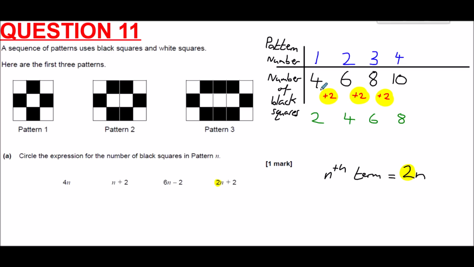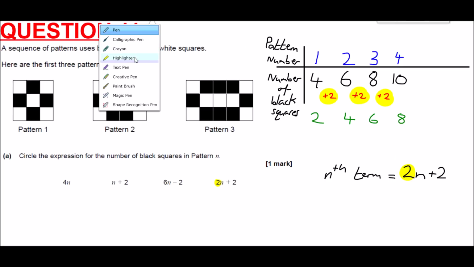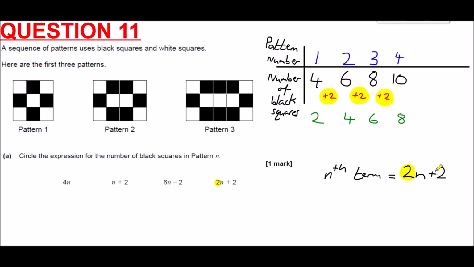So for each value of the 2 times table, the sequence we've got for the black squares is going to be 2 higher each time. 2 add 2 is 4, 4 add 2 is 6, and so on. So it's going up in 2s, but each number in the sequence is 2 higher than the 2 times table, so it's 2n plus 2. So that's where the plus 2 comes into it, which is why you end up with a plus 2 at the end. So the one we need to circle is 2n plus 2.